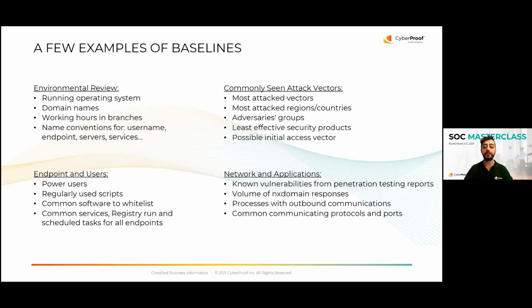So you want to make sure that you've watched this already, so this is okay, and this protocol is unique or common. So you have to understand what is common in your organization in order to detect the anomalies on top of that. So those are just a few examples. I hope you take some tips from here.